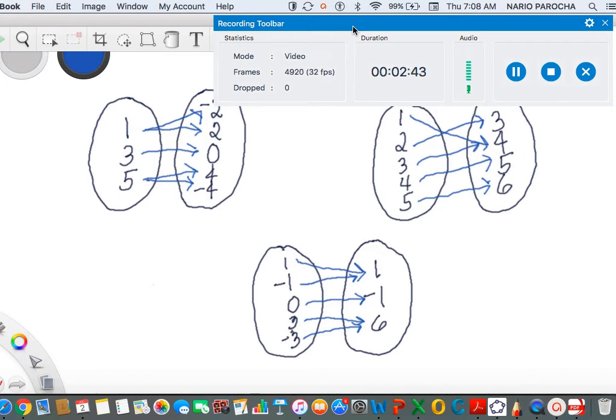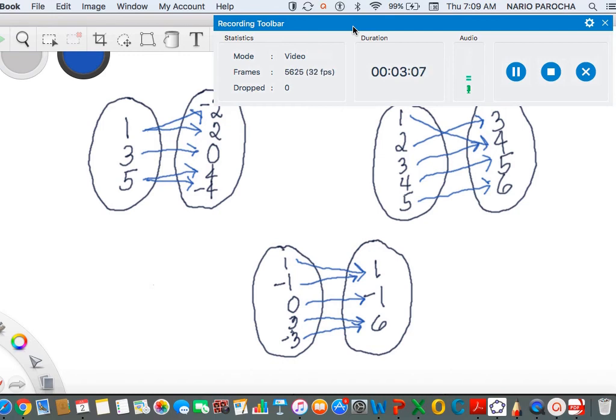Did you get that? Let's go now to the third mapping diagram. 1 corresponds to +1, -1 corresponds to +1, 0 corresponds to -1, 3 corresponds to +6, and -3 corresponds to +6.